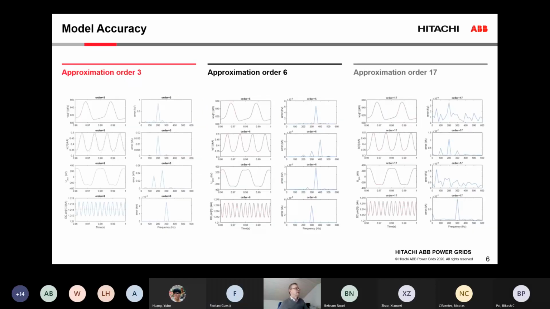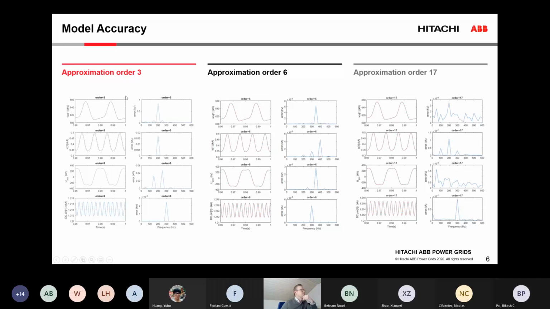And we can look at an example here for an HVDC converter. On the top we see the capacitor voltages during steady state. The blue line is the simulation with the ABC frame model, what we consider the truth or our exact model, and the red lines are the DQ frame model.